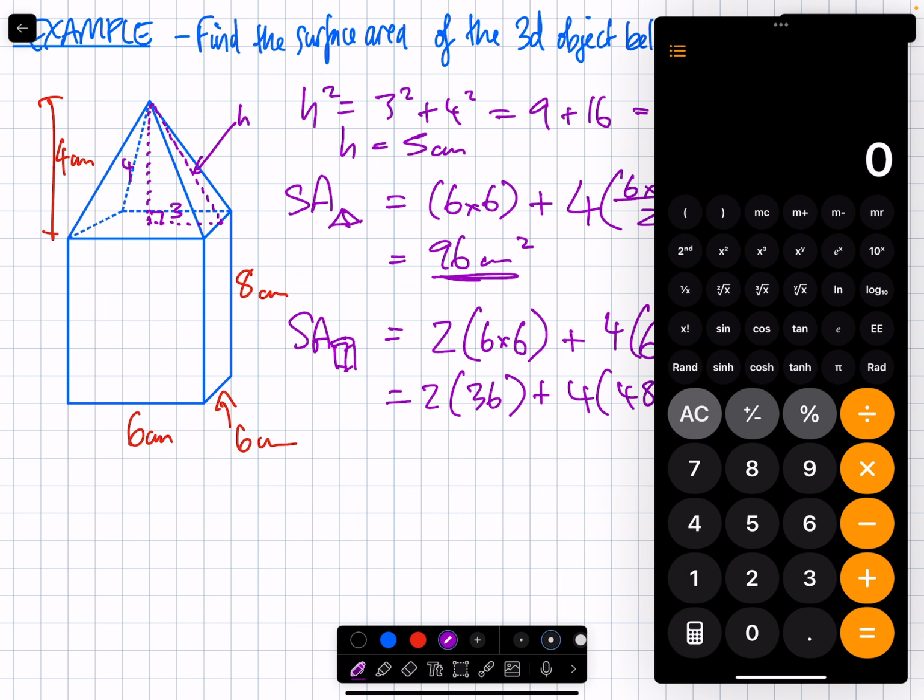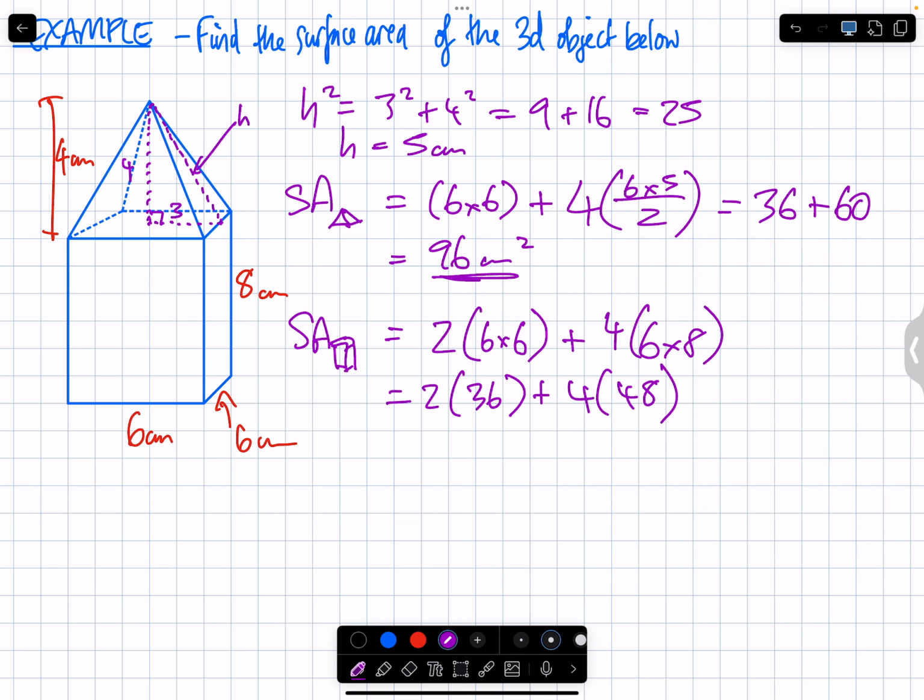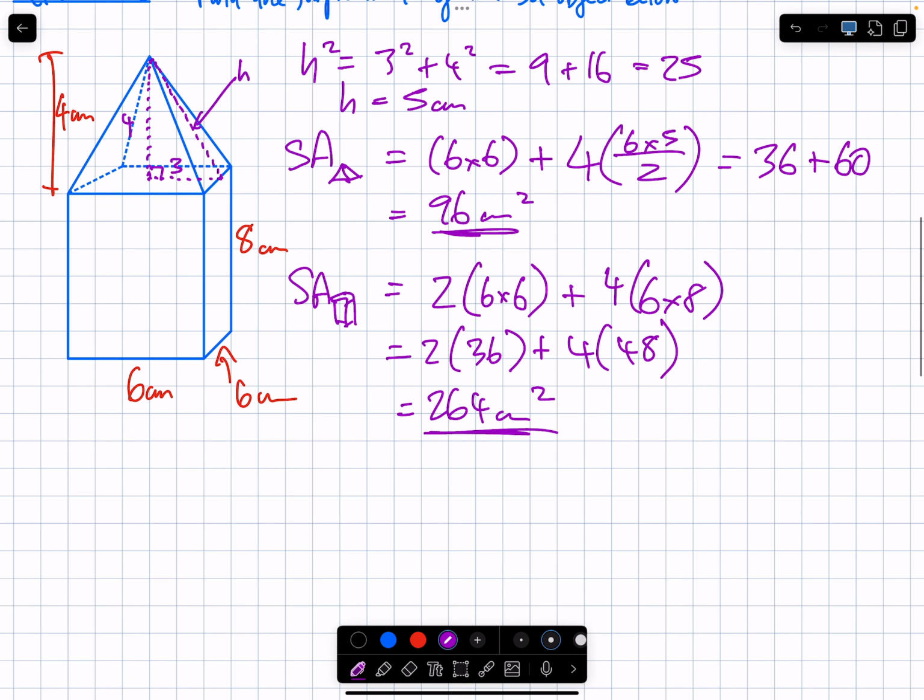I'm going to double check that. 6 times by 8. Yeah, 48. Times by 4 plus bracket 2 times 36. 264. So just to answer that student's question, total surface area is going to be 264 plus 96.